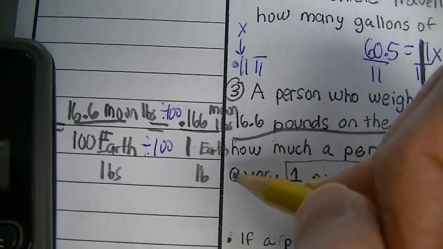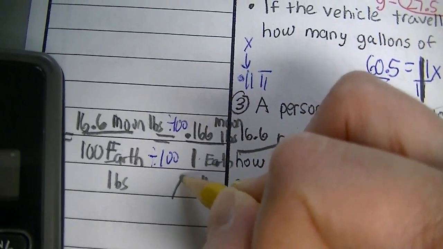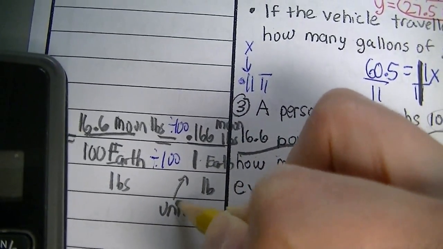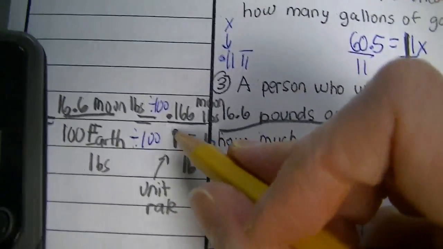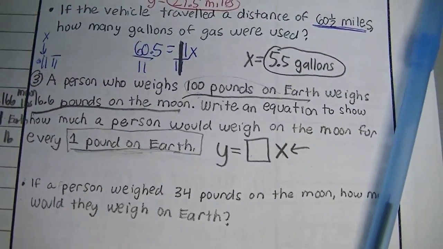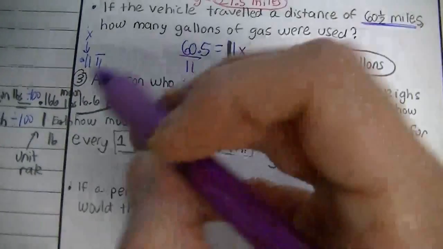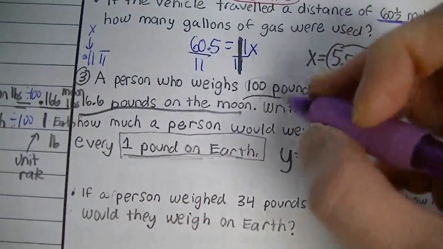Okay, so that right there is our unit rate. So now I'm going to write that unit rate in right there, 0.166.